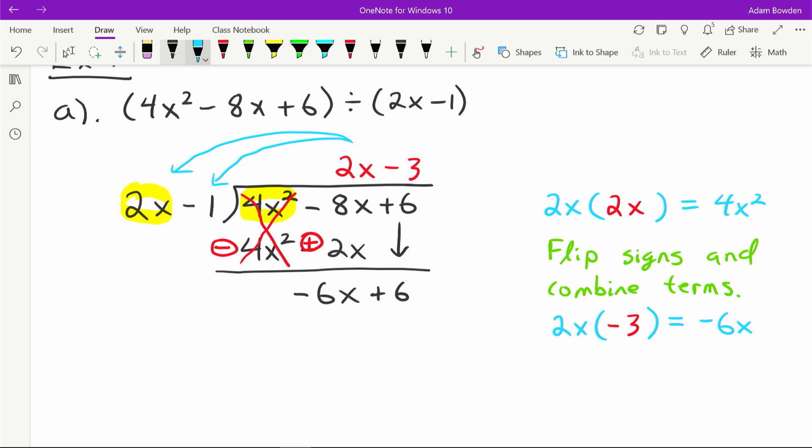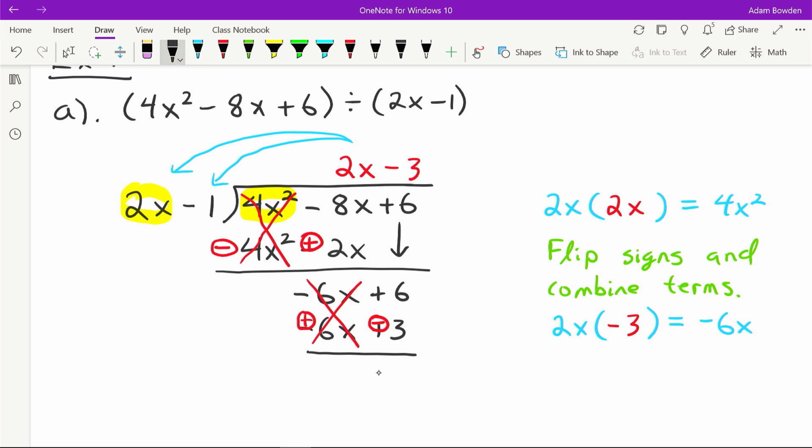Okay, so now we did the 2x, let's do the negative 3. When we multiply by negative 3, it's going to look like negative 6x plus 3. Let's flip the signs to a plus and flip that to a minus and combine the terms together. Negative 6x and positive 6x add up to 0, so it's gone.